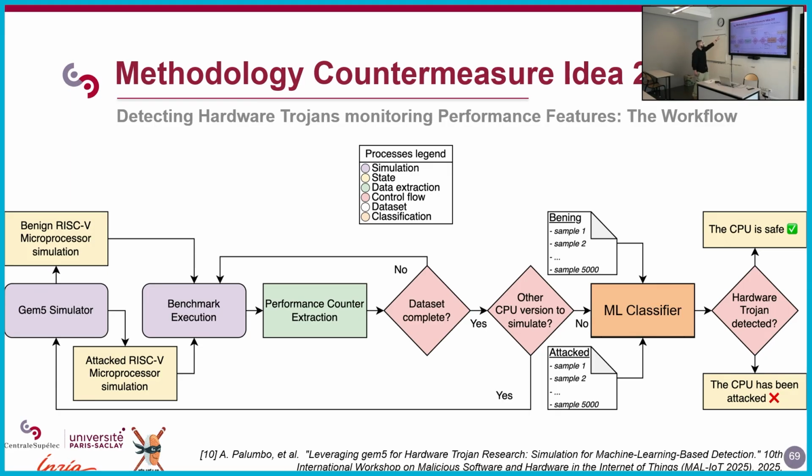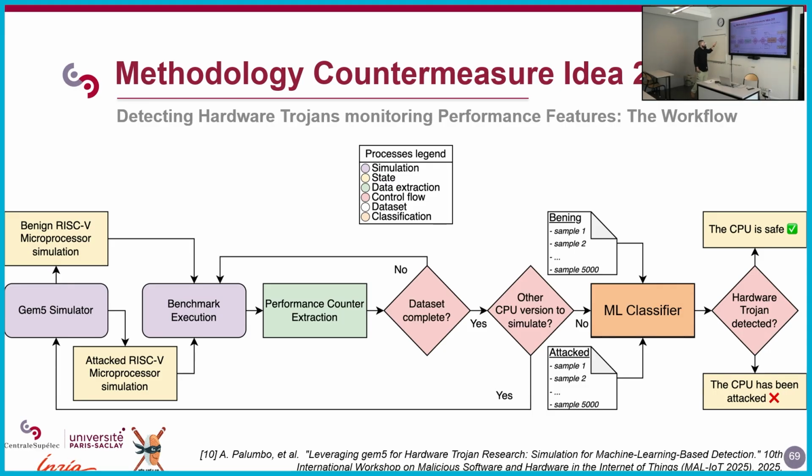In Gen 5, we first build our benign processor. We execute a bunch of benchmarks to extract several performance counters. Once we are good with the benign implementation, we go back to implementing the attacked processor, simulating the hardware Trojan behavior in Gen 5, because in Gen 5 we can build our custom processor.